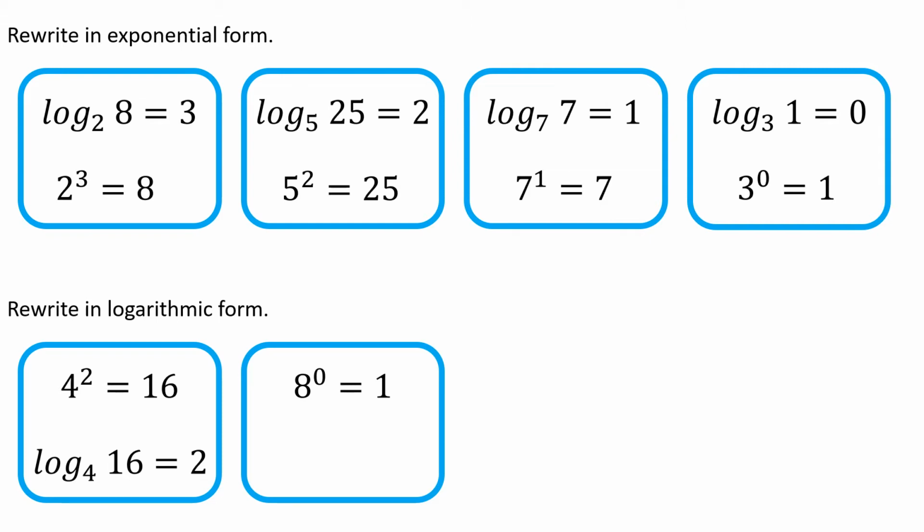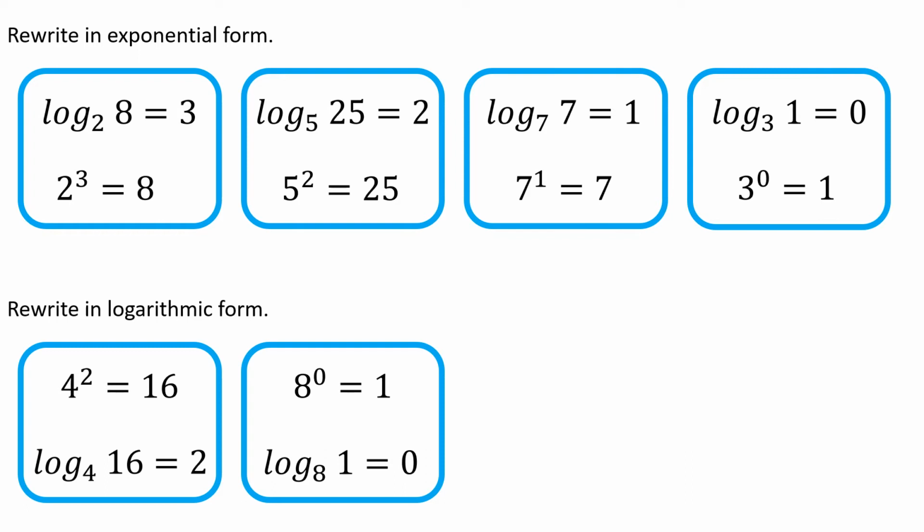8 to the 0 power equals 1. Okay, so the base is 8, so I need log base 8. The exponent is 0, so that's going to be the number all by itself. Log base 8 of 1 equals 0, because 8 raised to the 0 power has a value of 1.